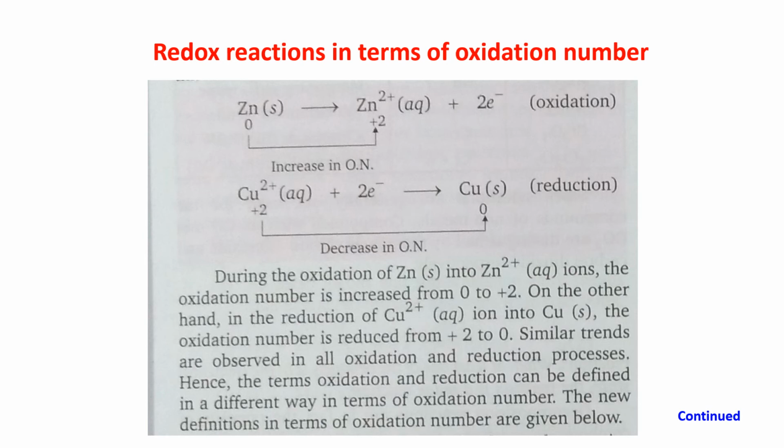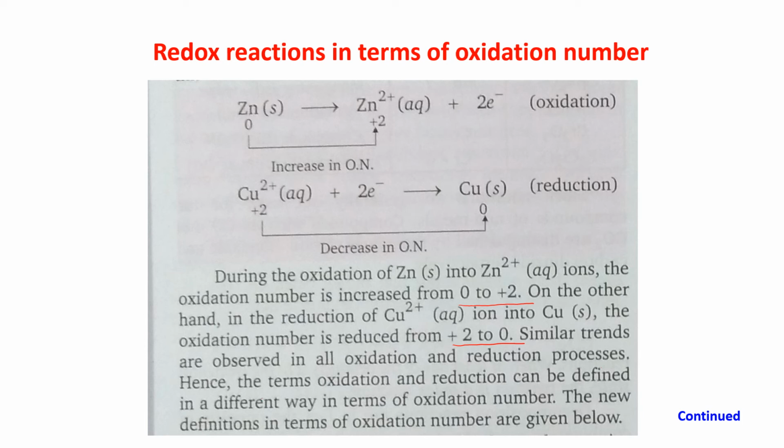So it is only showing here what I have told you just now. During the oxidation of zinc solid into Zn2 plus aqueous ion, the oxidation number is increased from 0 to plus 2. On the other hand, in the reduction of Cu2 plus aqueous into Cu solid, the oxidation number is reduced from plus 2 to 0. Similar trends are observed in all oxidation reduction processes.